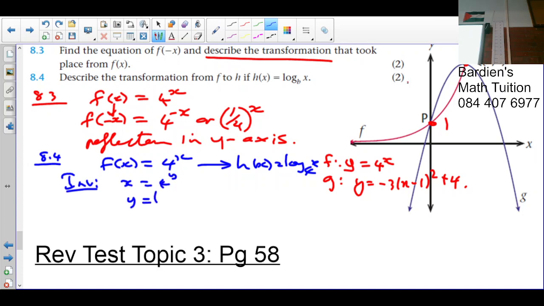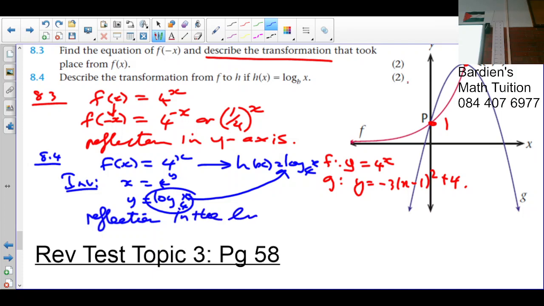So y is equal to log x base 4. Is this graph and that graph not the same? Yes. Describe the transformation from f to h. What happens? It's the inverse function. So what is the transformation? It is the reflection in the line y is equal to x. That's the answer that you're looking for.